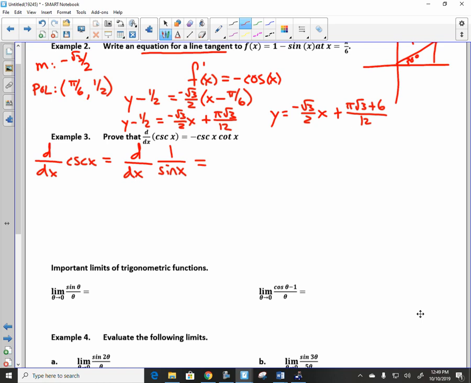What's the derivative of the top? What's the derivative of a constant? 0 times the bottom left alone. What is the derivative of the bottom?